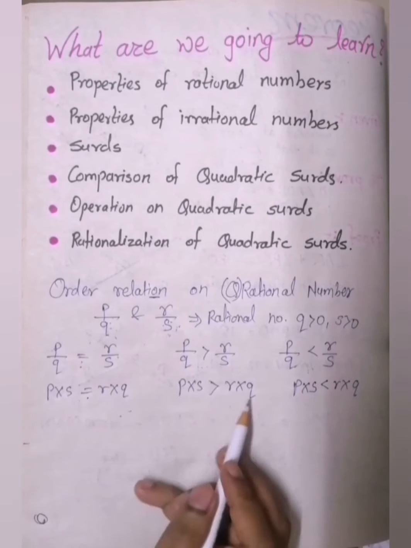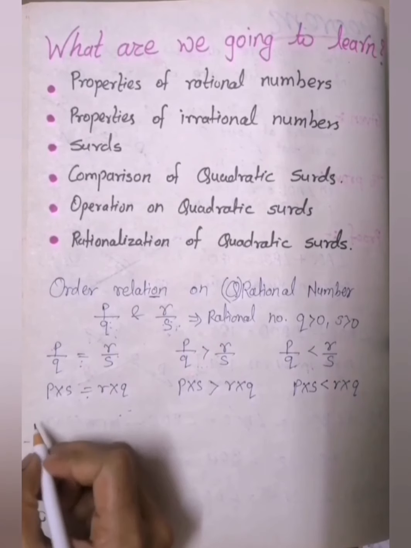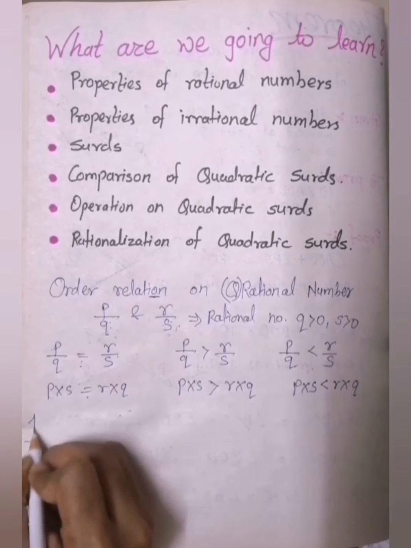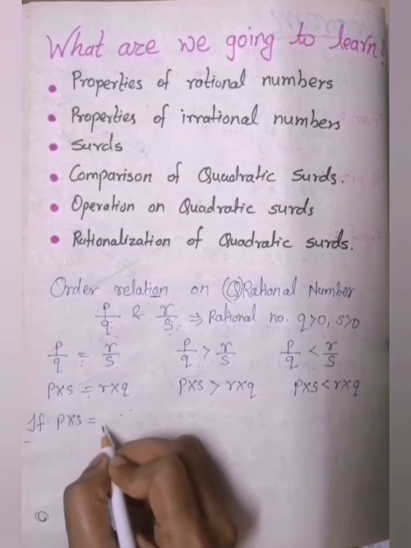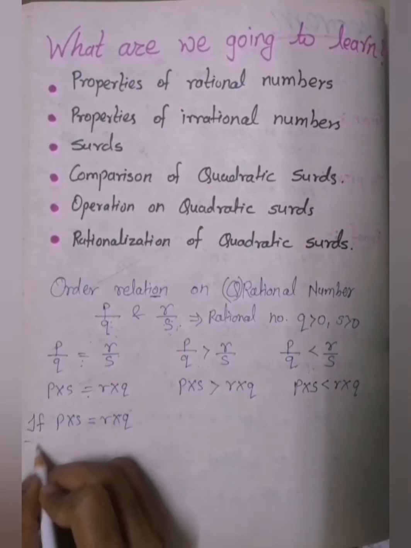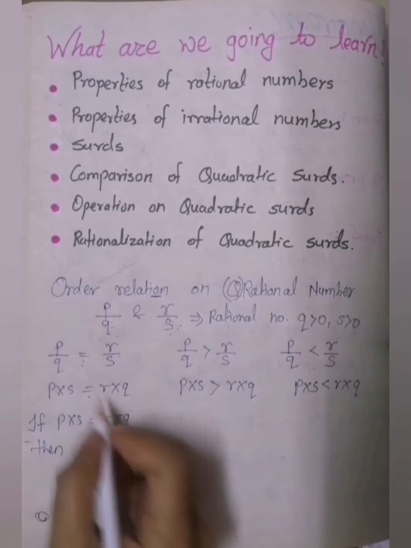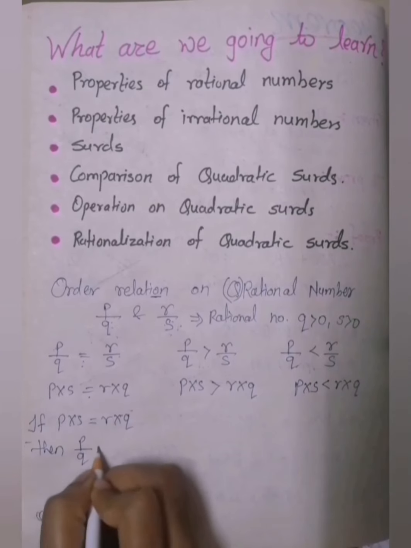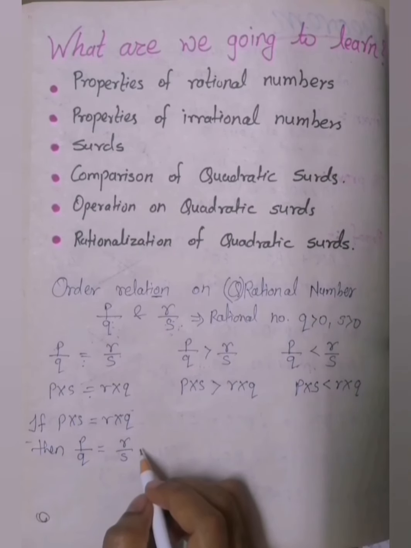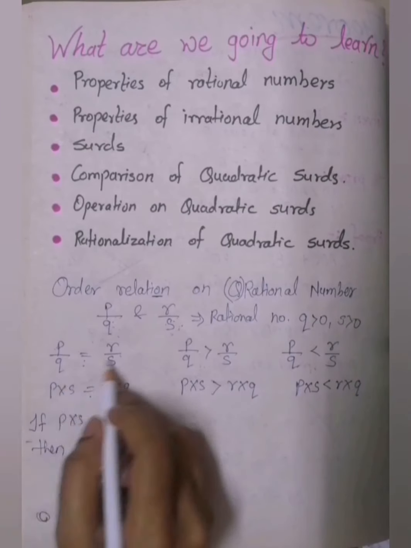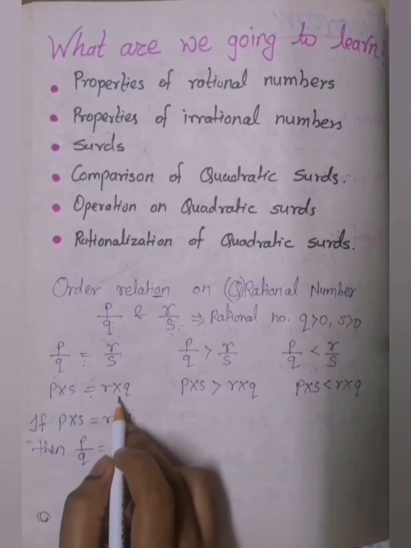So students, in your textbook they give a different form. The first part is, if P multiply S equals R multiply Q, then we get P by Q equals R upon S. We can do the same, because in this way we can easily understand, right?